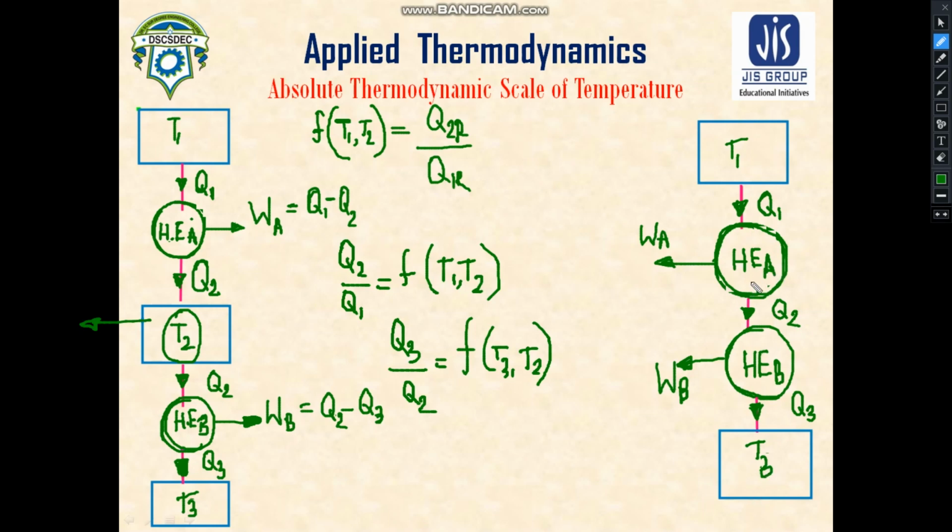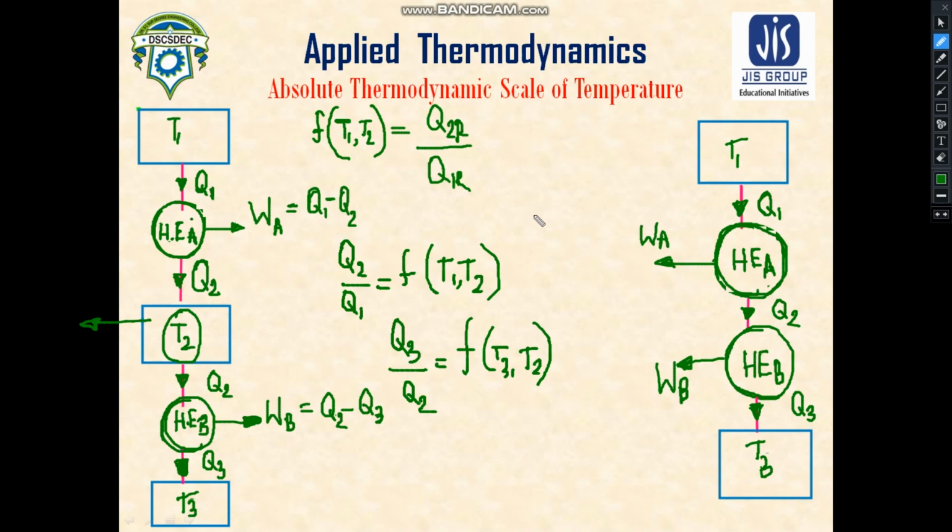That means these two heat engines, heat engine A and heat engine B, have a common source which is maintained at a temperature T1, and they have a common sink which is maintained at a temperature of T3. Now if we are willing to write this same equation for this set of engines, how can we write it?